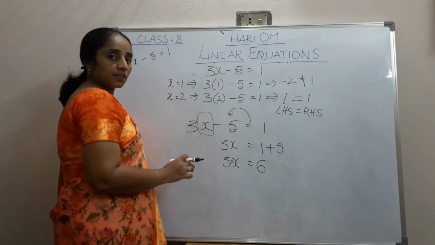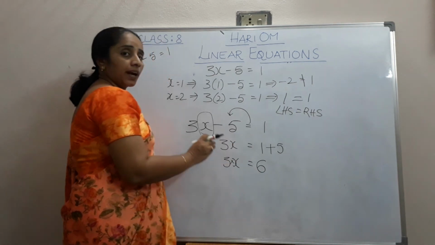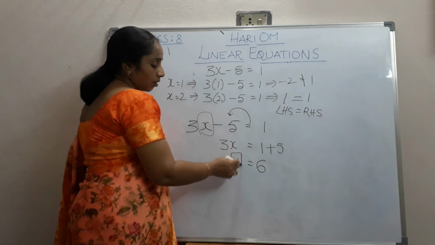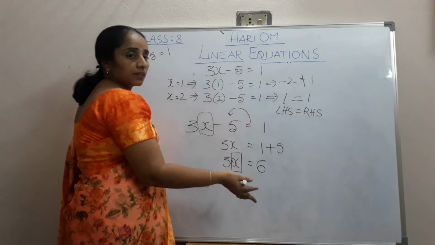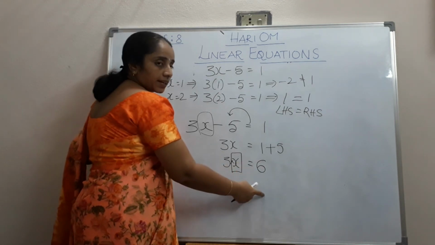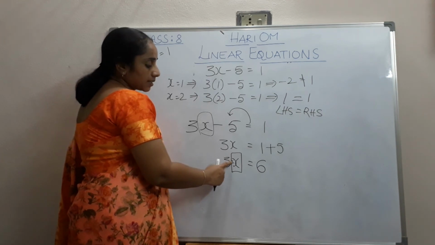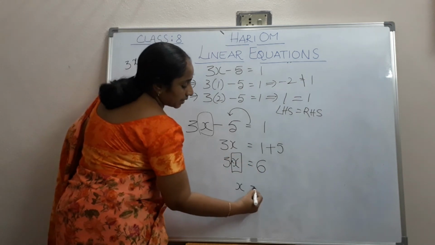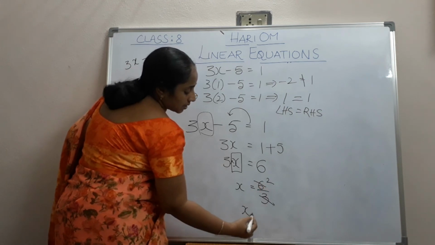Our intention is to make the variable the subject of this equation, so it should lie on the left side only. The remaining we take to the right side. Now we have to take this 3 to that side. Here it is multiplying, so on that side it becomes division, 6 by 3. 3 ones are 3, 3 twos are 6. x is equal to 2.